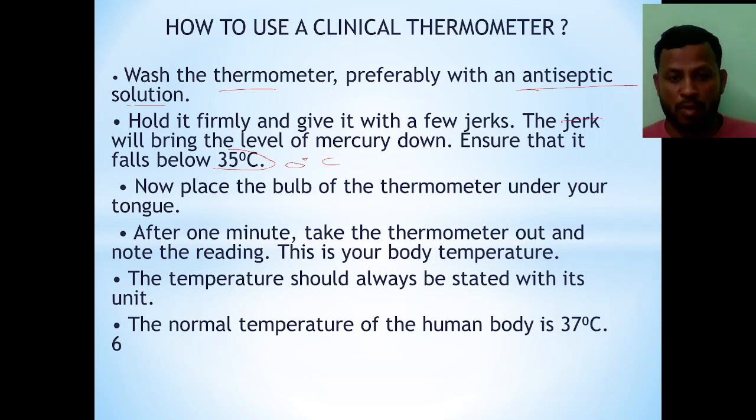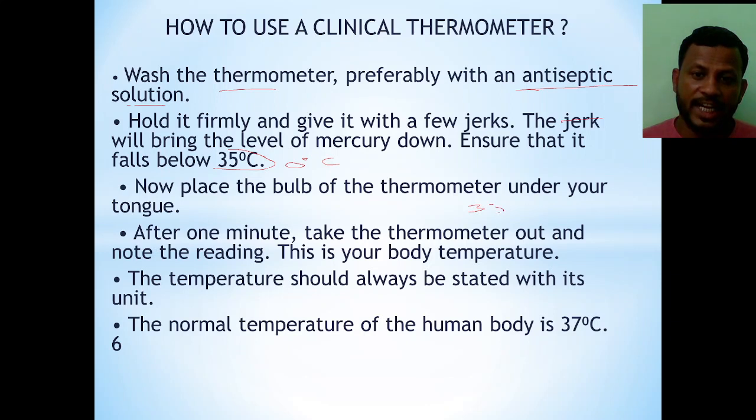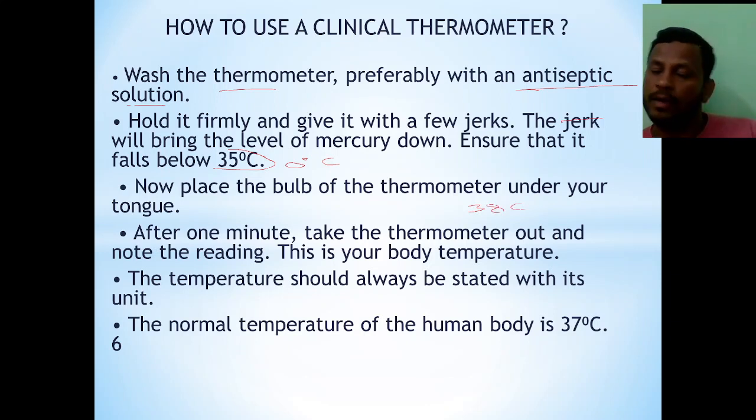This is our thermometer, this is our temperature. Imagine a patient has a body temperature of 38 degrees Celsius; this is the reading. The reading should also be stated with the units.